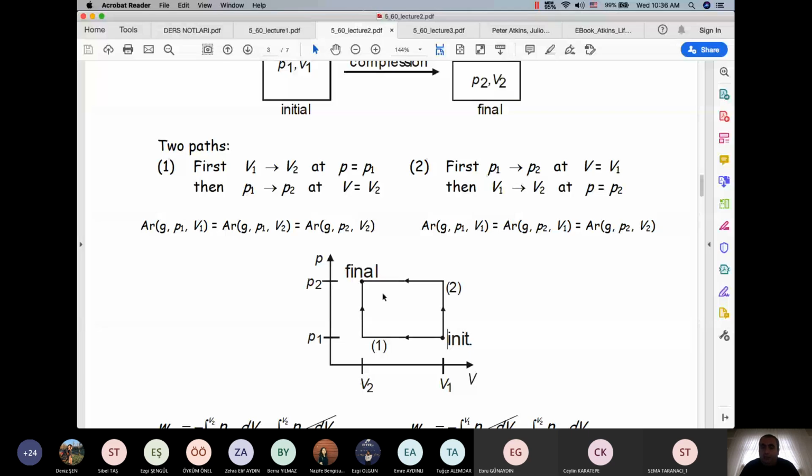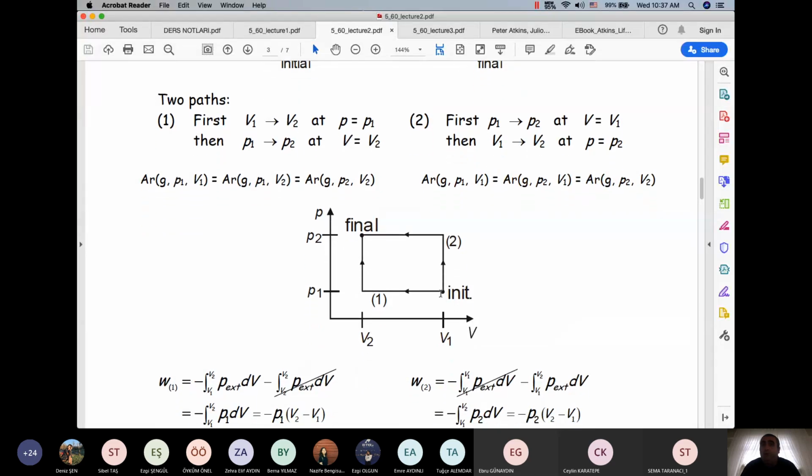There are infinite ways of going from one point to another. What is important is that the work you do going by the first path or the second path is not the same, but the energy you get from here to there is the same.